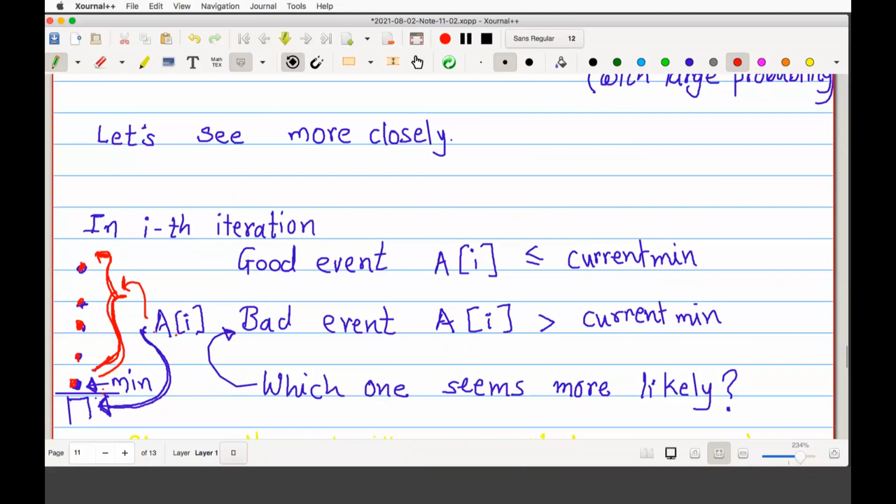That seems a very low probability event, right? That should happen with probability 1 by i. So my guess is that the probability of the good event is something like 1 by i, because I want the ith element to be the minimum among the first i, right? That seems very less likely. And that's why I'm saying the bad event is more likely.